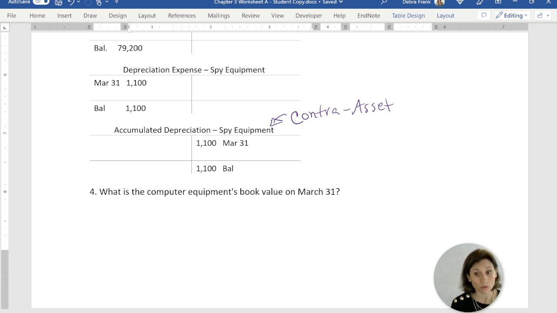That account will keep growing with its credit balance until we reach the residual value, which is 0 in this case, at the end. To find the book value, you take the SPY equipment.